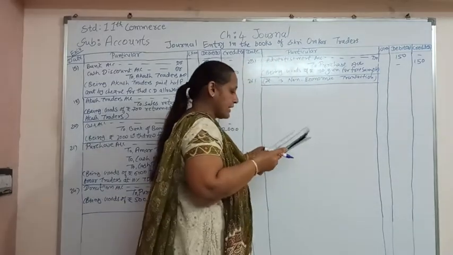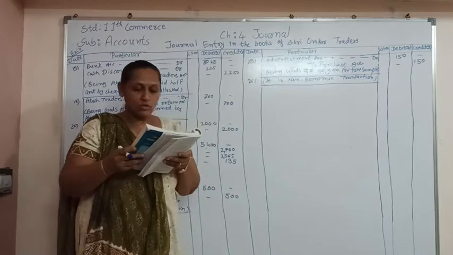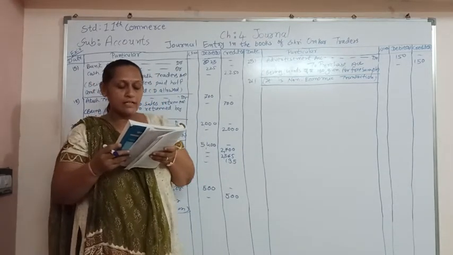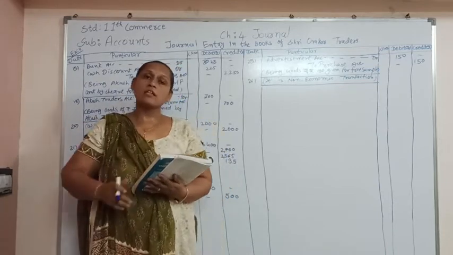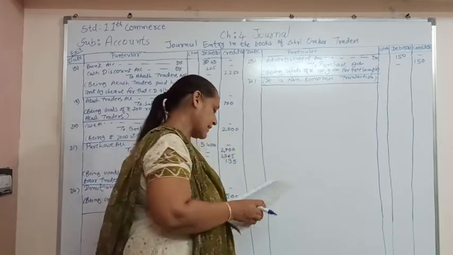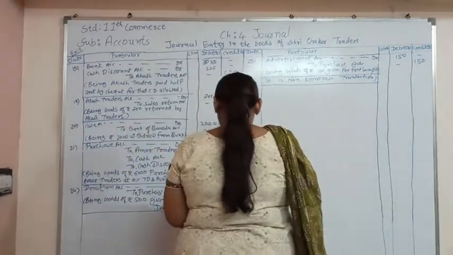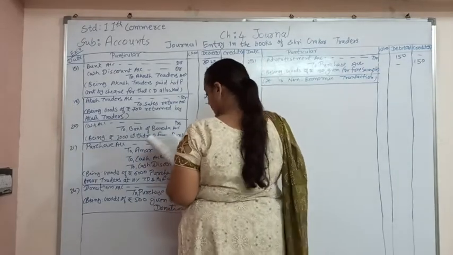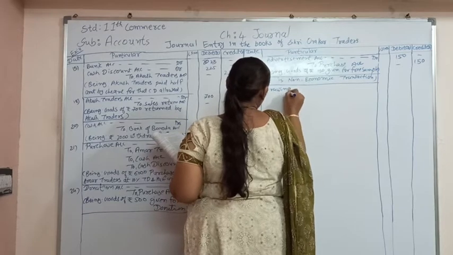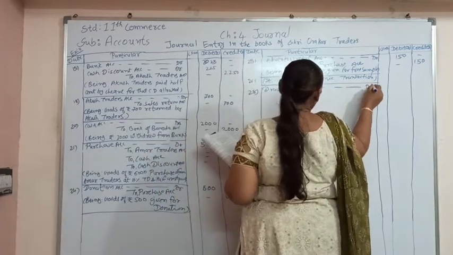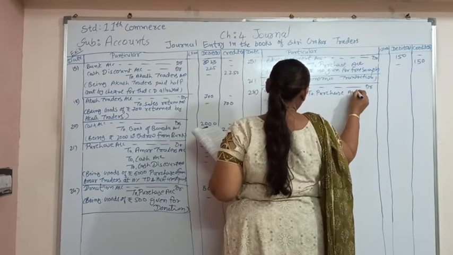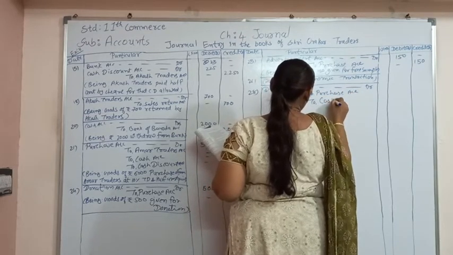Now let's see date number 28. The business owner withdrew goods of rupees 2,000 and paid tuition fee of son rupees 800 from business. So here drawing account debit to purchase, to cash. That journal entry we are going to pass. For date number 28, drawing account debit to purchase account, to cash account.